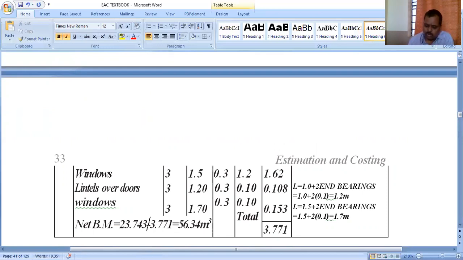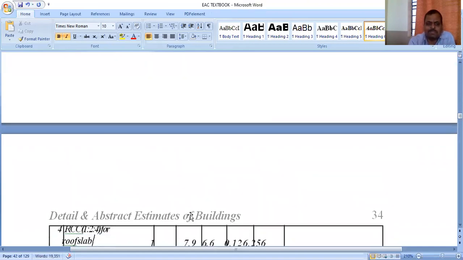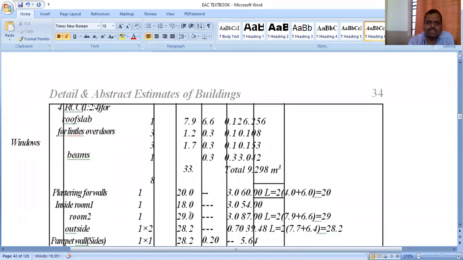So how much will it be? 23.743 minus 3.771. It will be 19.972 cubic meter.